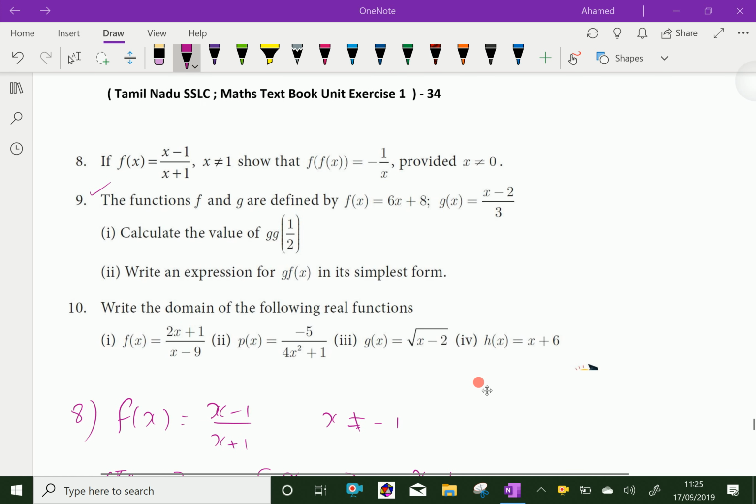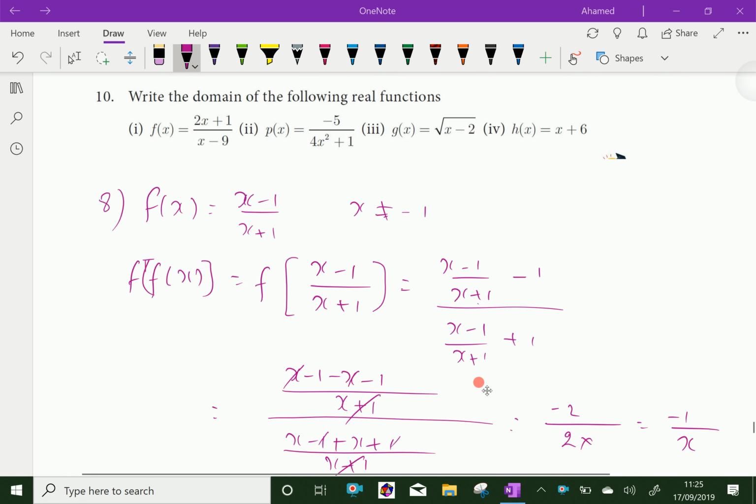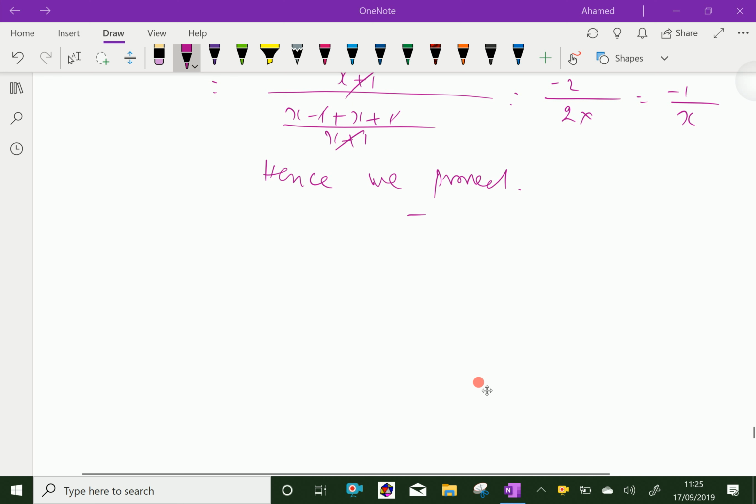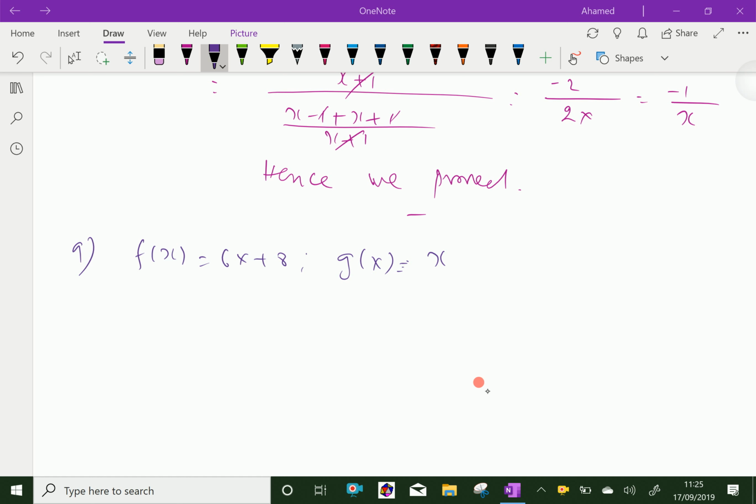Now question number 9. Here the function is given f of x equals 6x plus 8, and g of x is given as x minus 2 over 3.